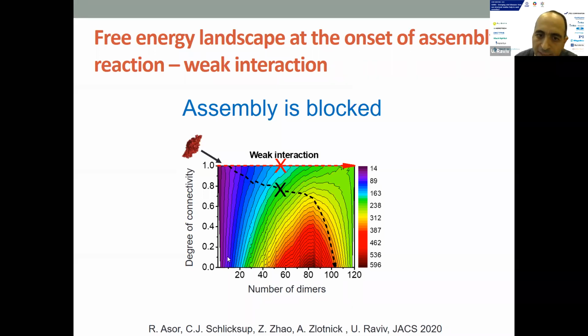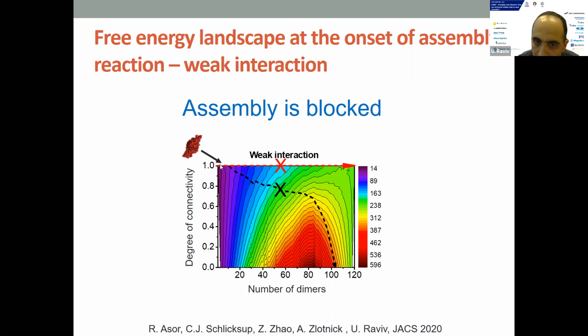What I'm showing here is the degree of connectivity, between 0 and 1, where these are the compacted structures, and these are the holey structures that have many holes, as a function of the number of dimers. So if we are in weak assembly conditions, below the 7 kT limit that we need for assembly, what we see is that the pathways for assembly are all blocked.